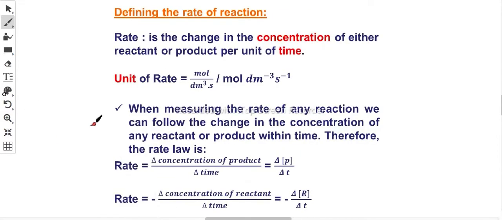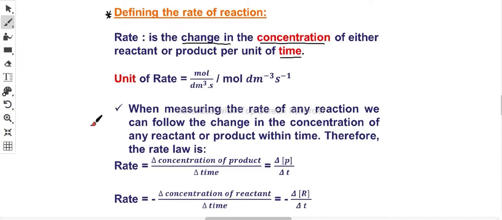The first thing that we need to learn is how to define the rate of the chemical reaction. Going through the definition, the rate is the change in the concentration of either reactants or products per unit of time.